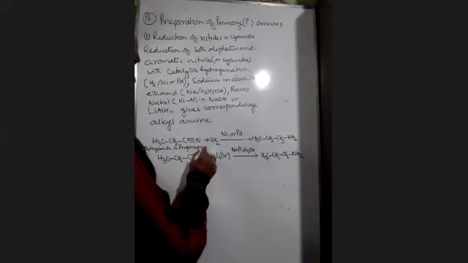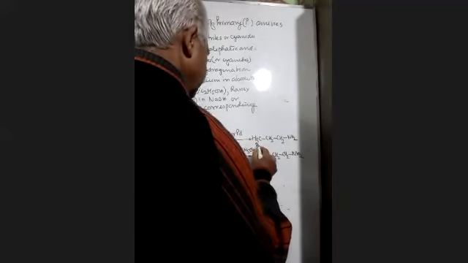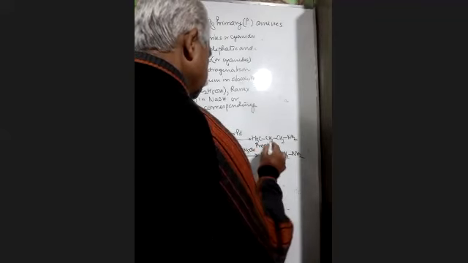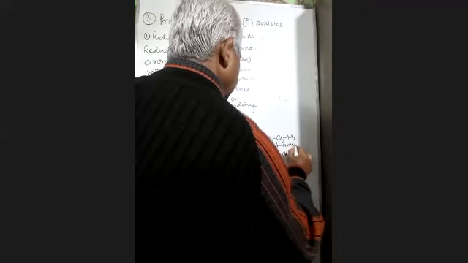Propane nitrile. What do you get here? You get propanamine or propylamine. You get propan, because the moment it becomes more than 2, you have to put a number. So propan-1-amine.